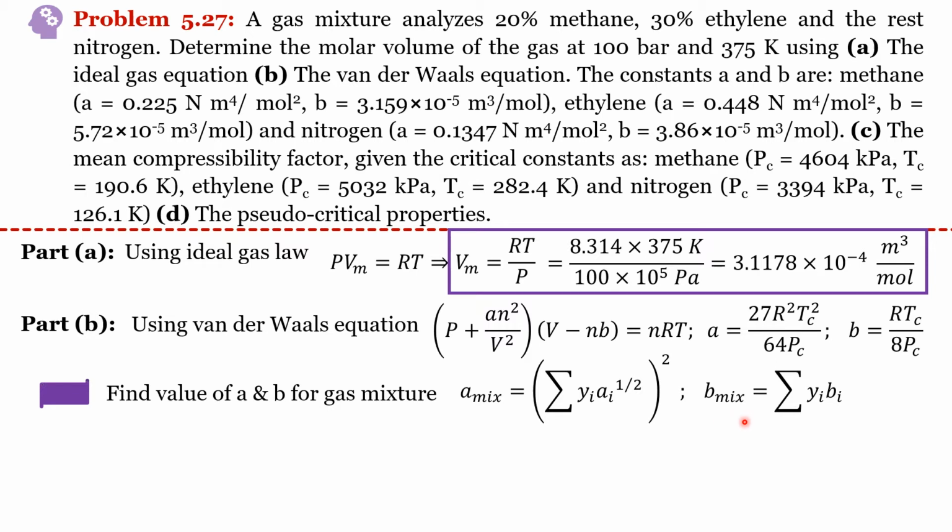B mixture can be written as the summation of yi into bi. In the problem, individual values of A and B are given, so we can find A and B for the gas mixture.